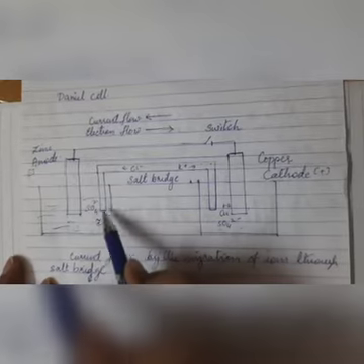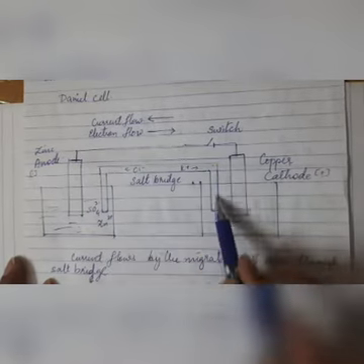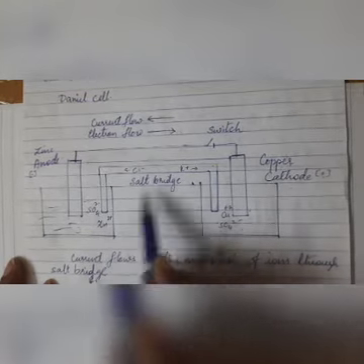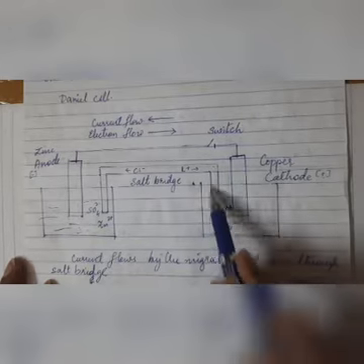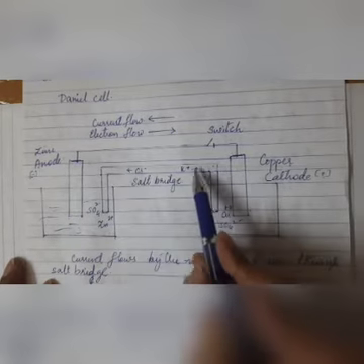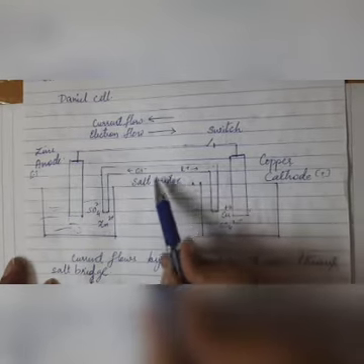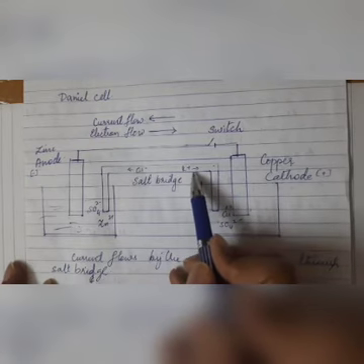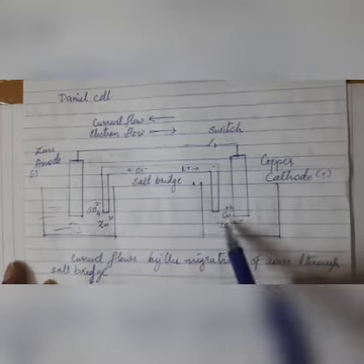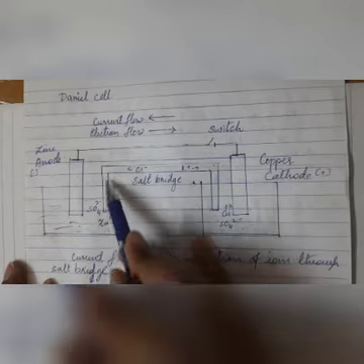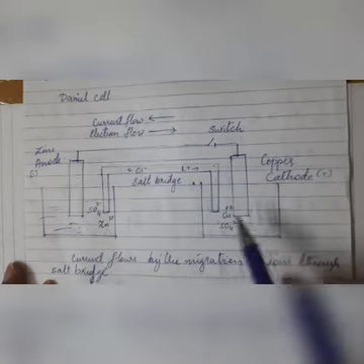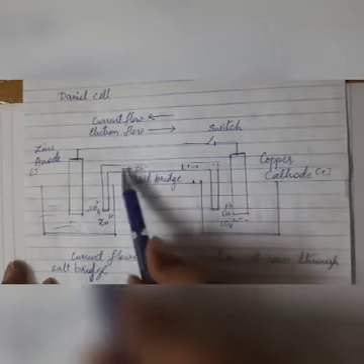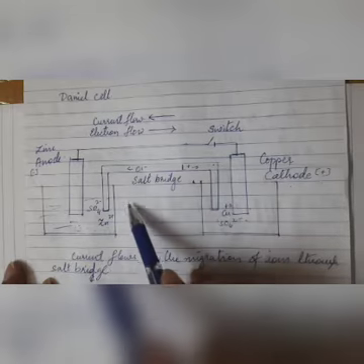Along with that, there is conductance between the two containers by means of a salt bridge, in which we fill a potassium sulfate solution so that there is electric contact between the two containers by the flow of ions.